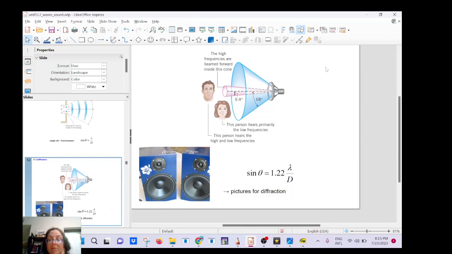So that's interesting for sound because, for example, if you have high frequency, high pitch, small wavelength, it's not going to spread out as much as low frequency. So low frequency has large wavelength. You can think of a speaker like an opening, right? So low sound will spread out more.